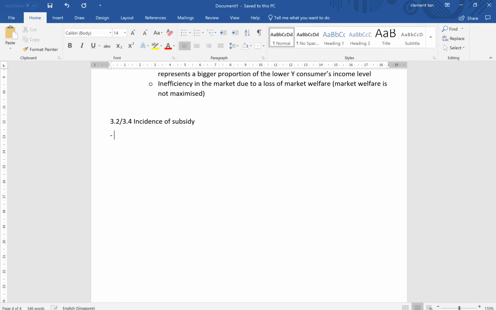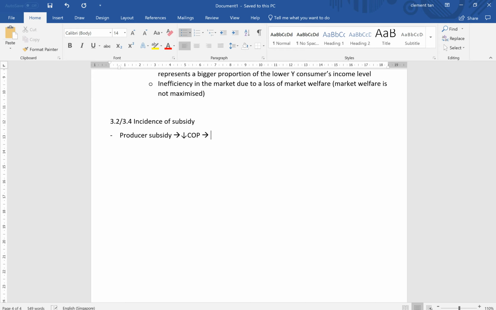Now, we're talking about producer subsidy. When it's a producer subsidy, there'll be a lower cost of production. Let's say your cost of production is $10 and the government subsidizes $3. Your cost of production now is $7.